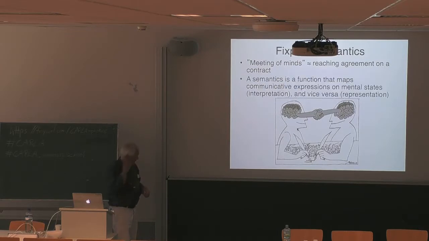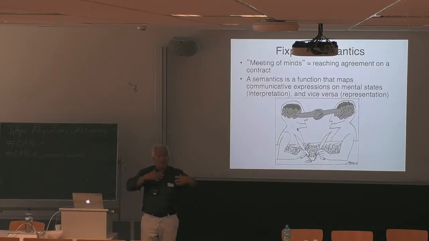And here is a very abstract definition of a semantics. A semantics is a function that maps a word or a communicative expression onto some kind of mental state. I say something, you form a mental state. And then we have the converse thing. I have a mental state and I turn it into an expression, a word.